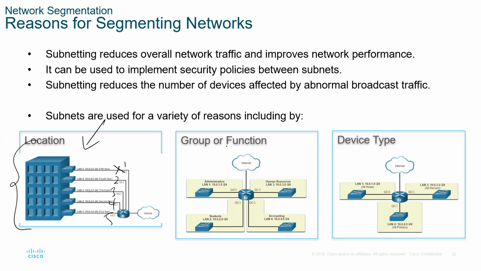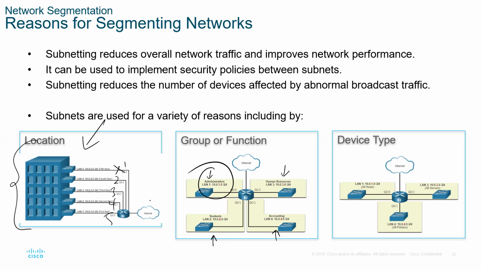They can be grouped in terms of function. So I have people in admin, people in human resources, students, and accounting. All students have their network. In terms of security, it means students will not be able to eavesdrop on traffic from administration.